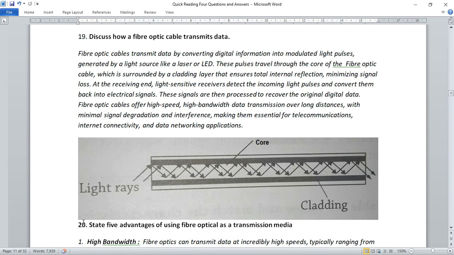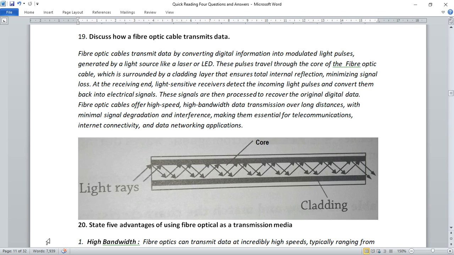Discuss how a fiber optic cable transmits data. Basically, you can see what happens. Fiber optic transmits light rays. The light rays keep on reflecting, just like this diagram shows here, on the cladding. So fiber optic cables transmit data by converting digital information into modulated light pulses generated by a light source like a laser or light emitting diode.